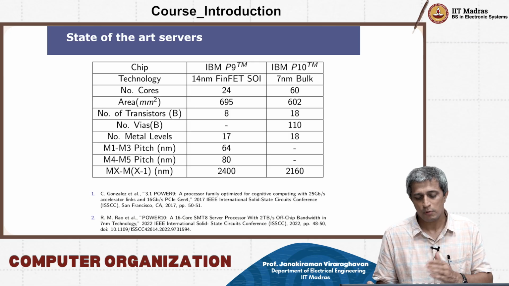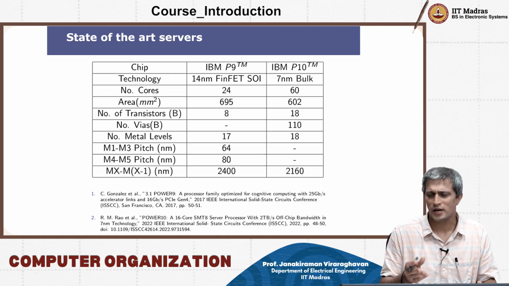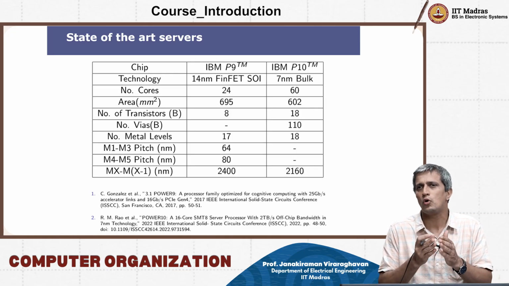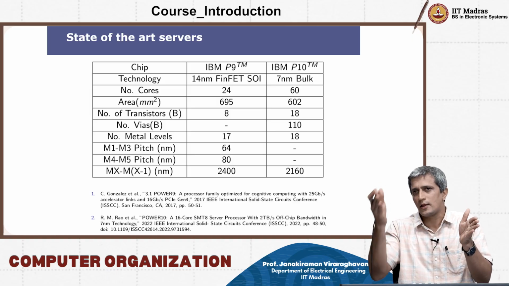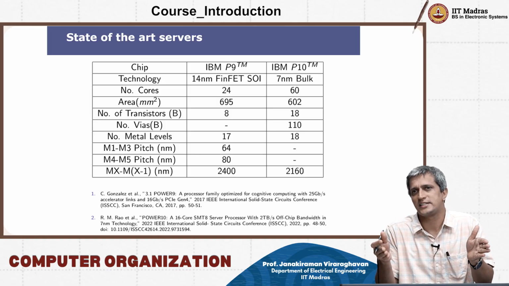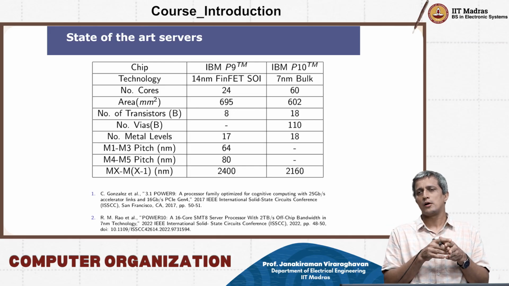Number of metal levels, let's not get into this. These are how you connect one node to another in an IC, in a chip. These are done through metal levels. And what are metal levels?